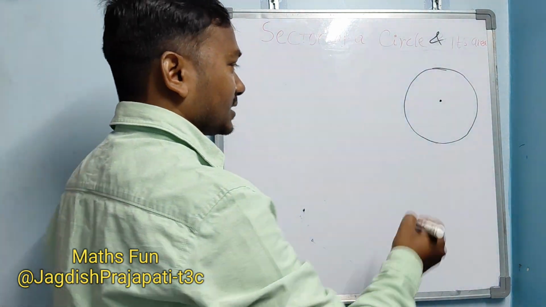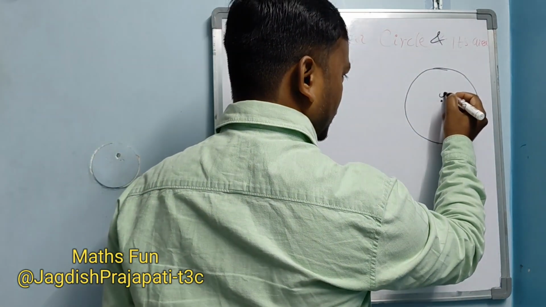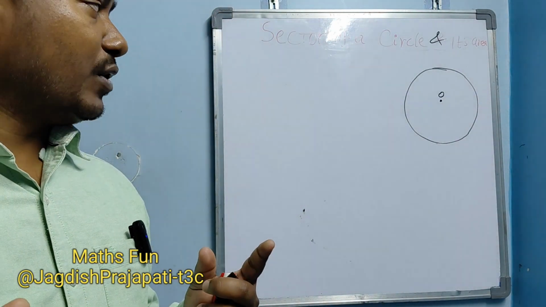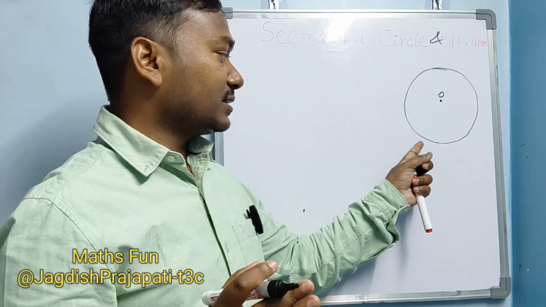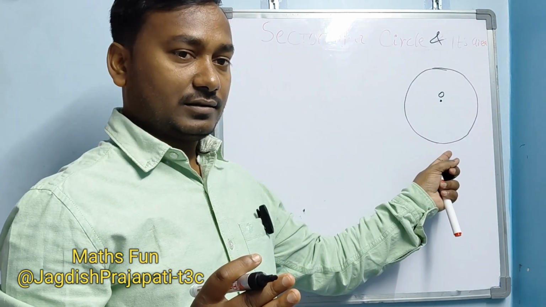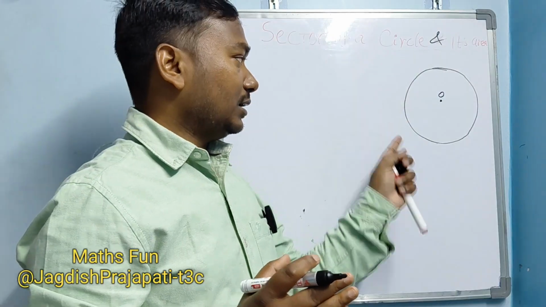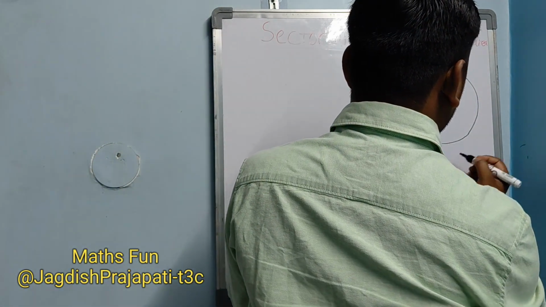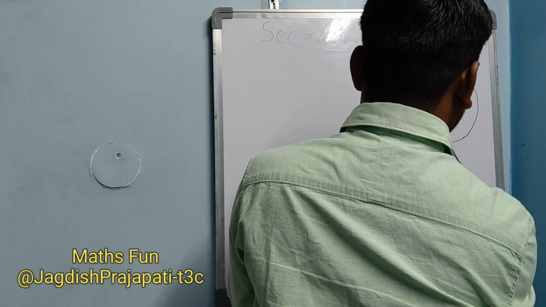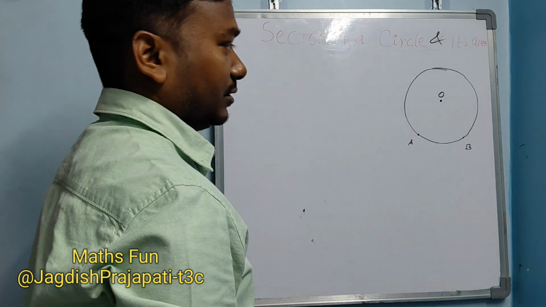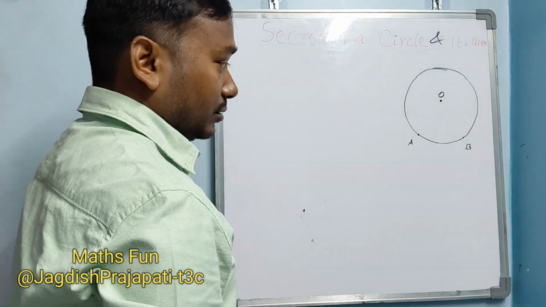Let's say the center is O. Now if you take any 2 points on its circumference, let us take 2 points, A here and B here.